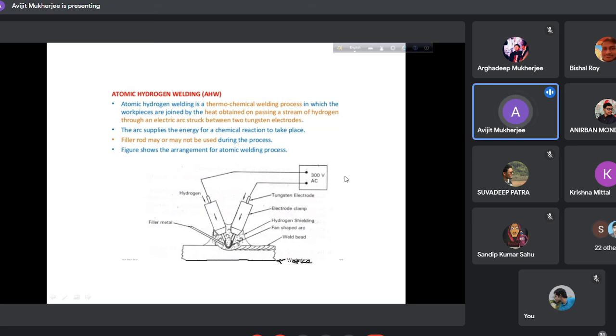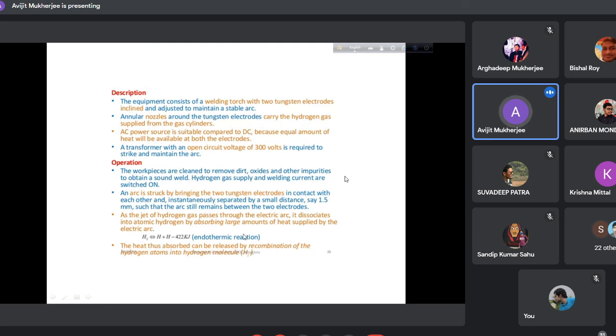You just draw a schematic diagram with proper labels and discuss the phenomenon. Two electrodes are striking, that is the principle, and hydrogen is fed into this fan-shaped arc. So atomic hydrogen is produced and a tremendous amount of heat is generated. This is also hydrogen shielding, as the hydrogen is fed here. Okay, atomic hydrogen. So this is the description.